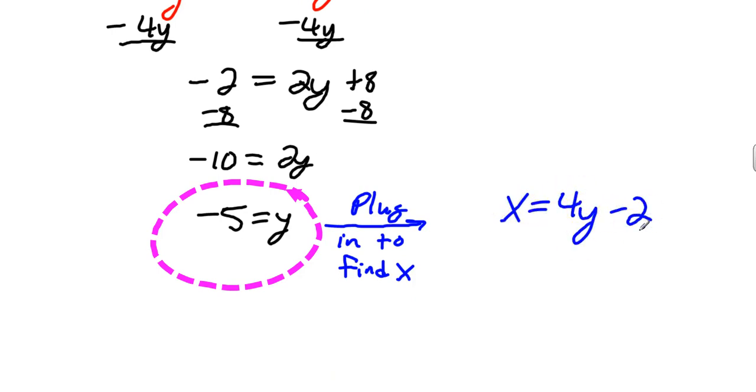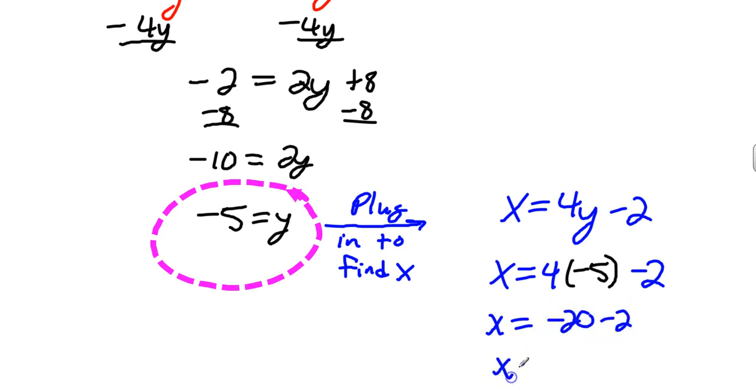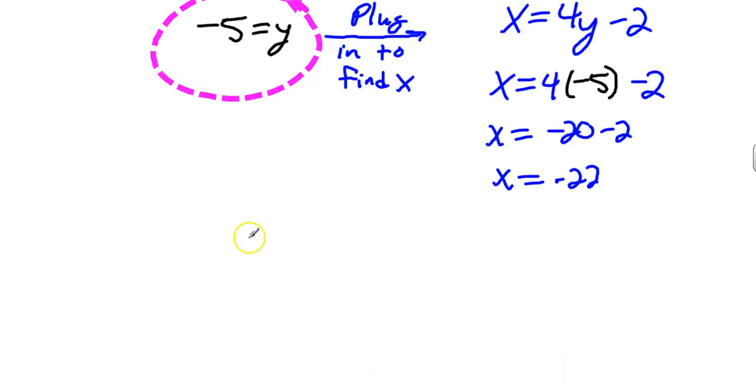We had 4y minus 2, so the y was negative 5. So x would be negative 22 when we work it out. Again, as an ordered pair, negative 22 and negative 5.